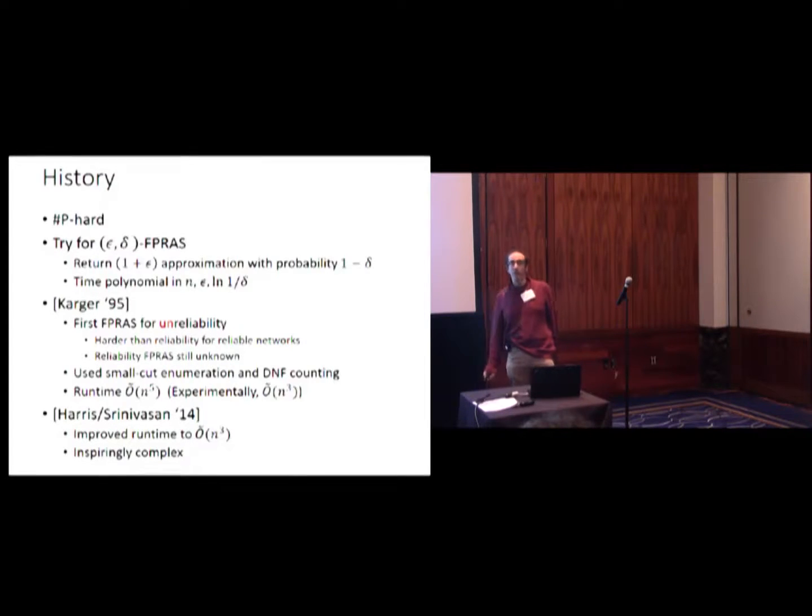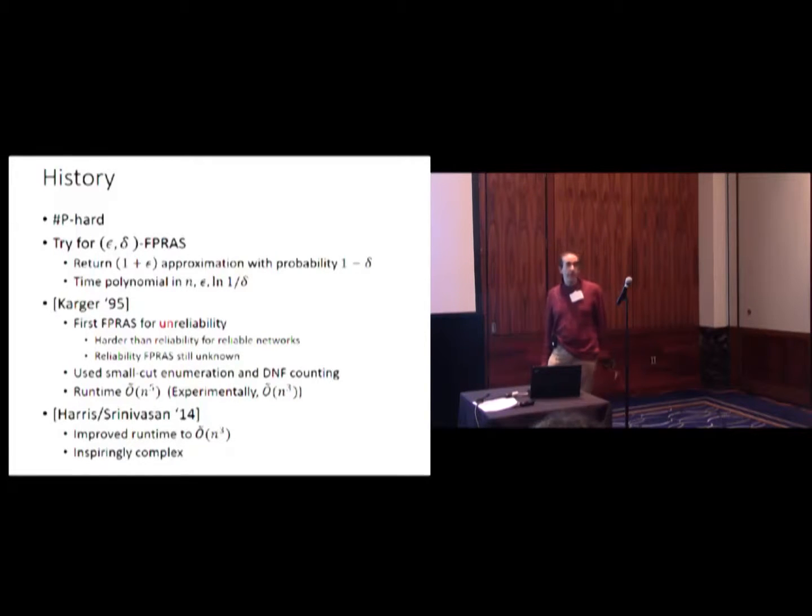You can approximate one quite closely and be very far off from the other. Fortunately, the unreliability problem is the one that actually matters in practice, because nobody really cares about a network that is completely unreliable. In general, you want to be studying networks that are quite reliable, where the unreliability is small, and that's where it's hard to approximate unreliability, and it's easy to approximate reliability.